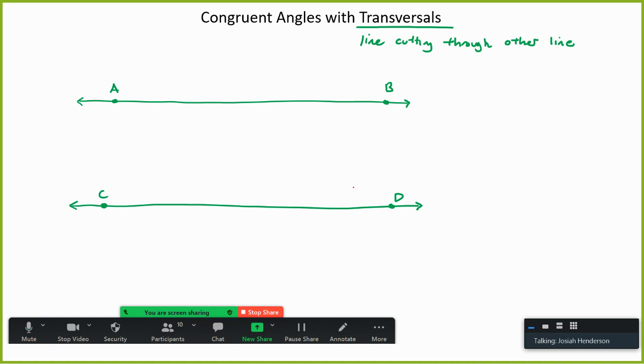Here it is in red, going sideways. Let's label some of those intersection points. So the top intersection will be point E, and the bottom will be point F.